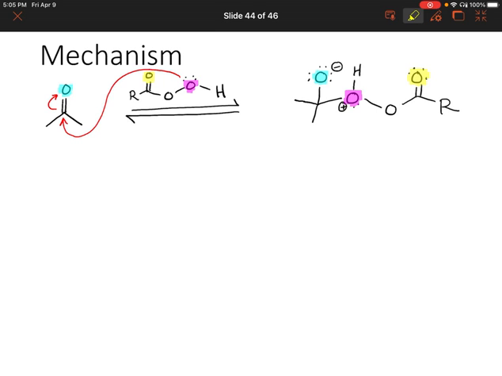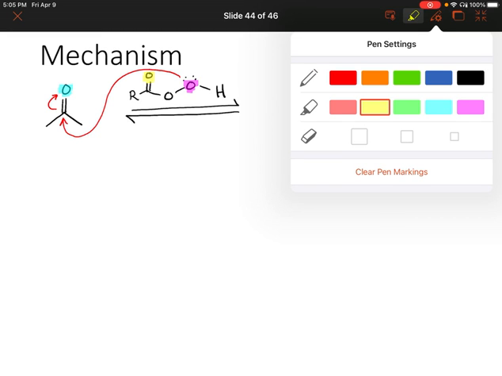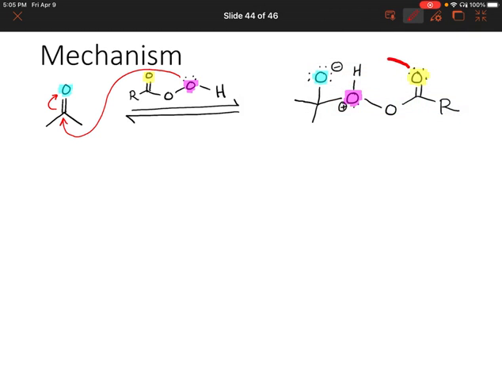So hopefully that helps you visualize it a little bit better. In the next step, our yellow oxygen is going to grab the proton that's on our purple oxygen. So we're just transferring a proton over, and that's going to leave electrons on the purple oxygen.